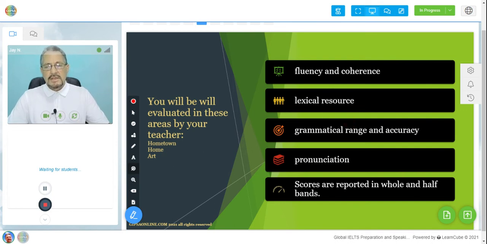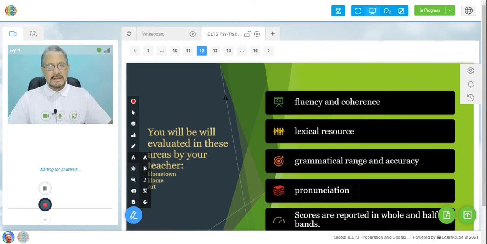Grammatical range and accuracy, and of course, pronunciation, and we concentrate very heavily on this MTL, or mouth, tongue, lip movement. We adjust any of these things that we need to for you to be successful in your IELTS exam. So being very, very precise in everything that we do. This is how GIBSA Online achieves goals.